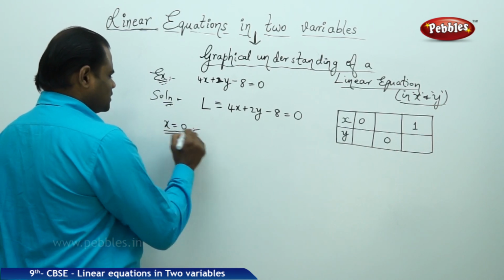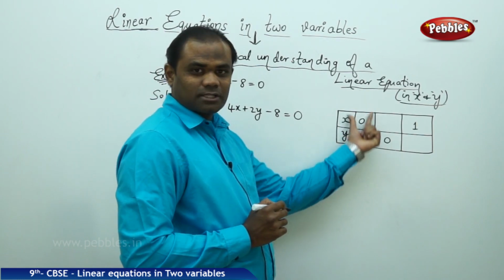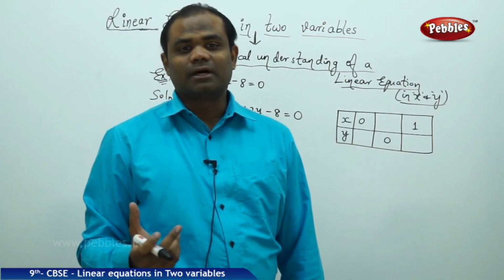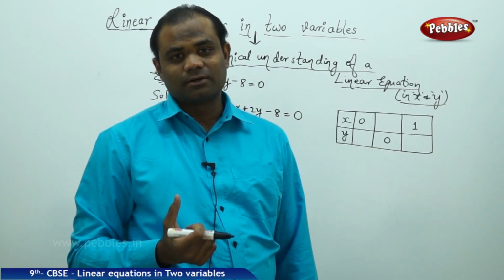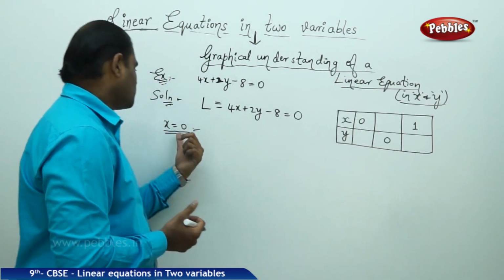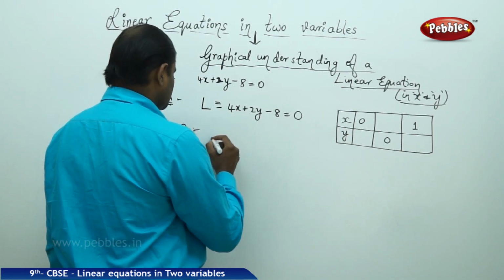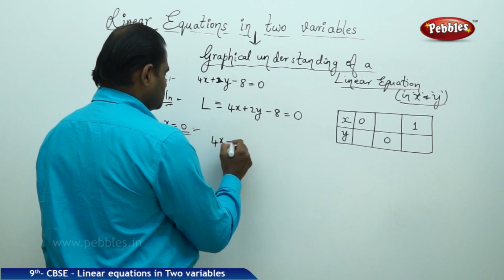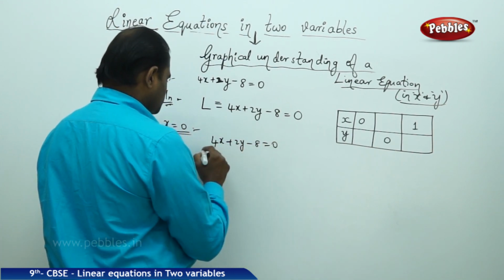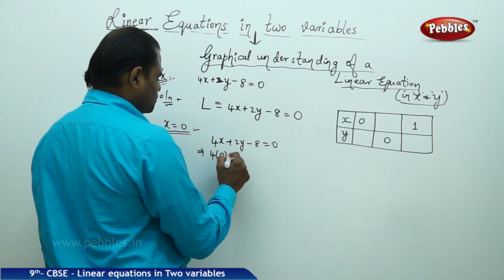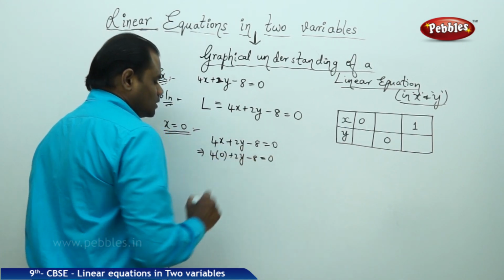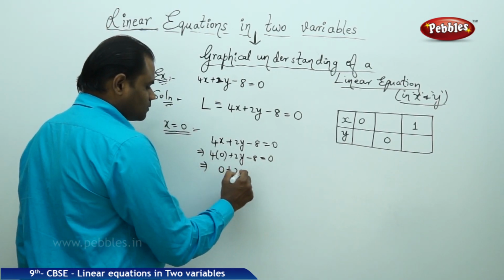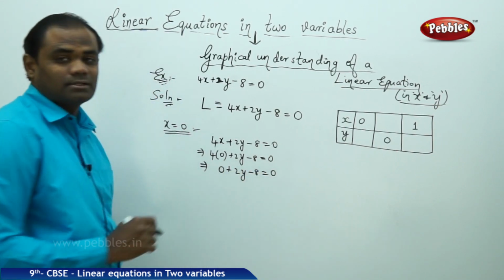As we clearly see, when x is 0, we need to find the respective y. It's about substituting the value of x in the equation and then finding the other variable y, is how we understand the concept. Therefore, when x is 0, I get 4x plus 2y minus 8 equal to 0, which implies 4 times 0 plus 2y minus 8 equal to 0, which on further simplification gives 0 plus 2y minus 8 equal to 0.